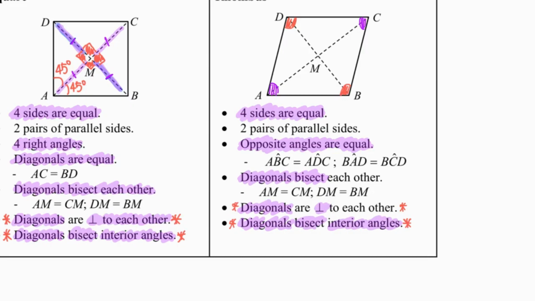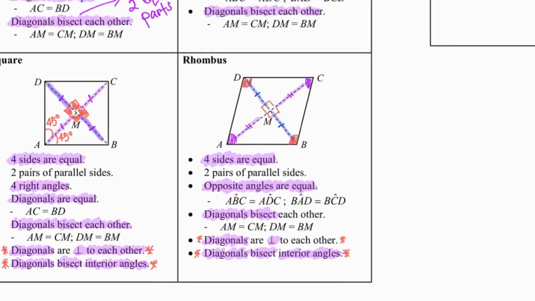Okay, so I'm going to just put it on the diagram itself. 90, 90, 90, 90. DM and BM same. AM and MC same. But AM and BM, they are not the same.